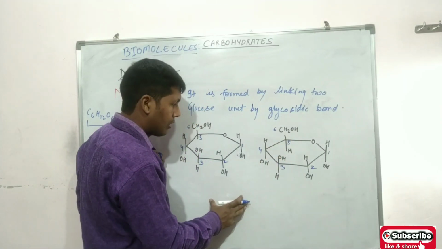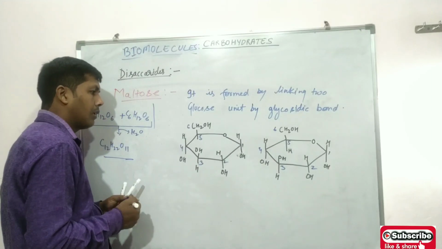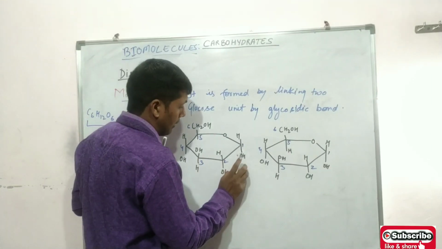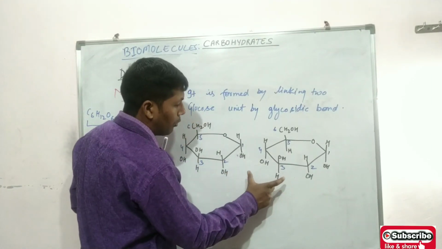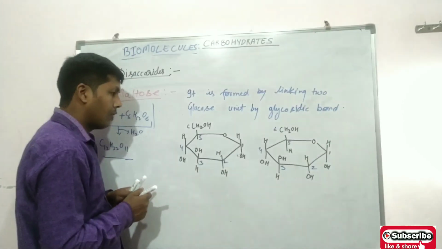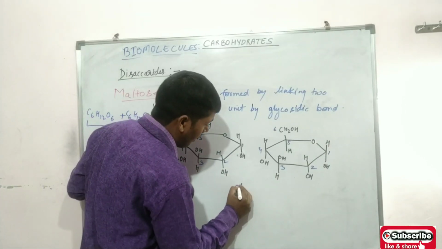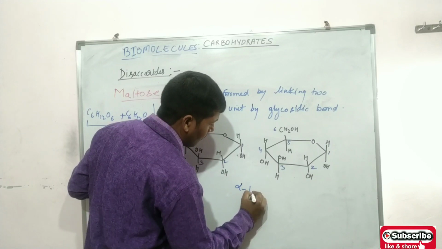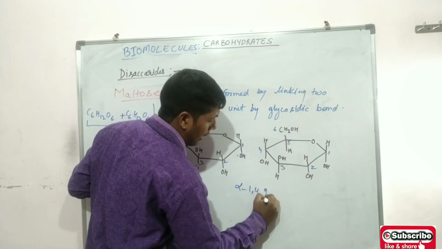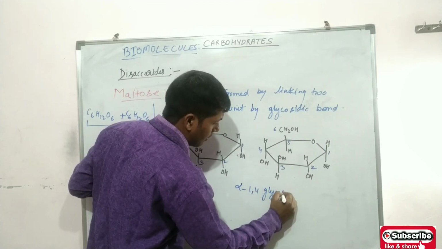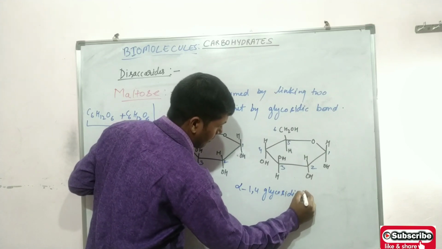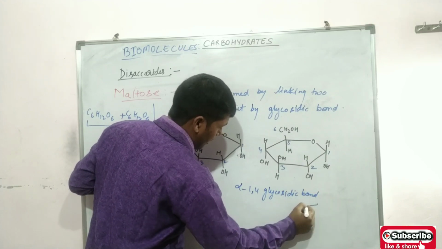The two molecules of glucose form an alpha 1,4 glycosidic bond. How?